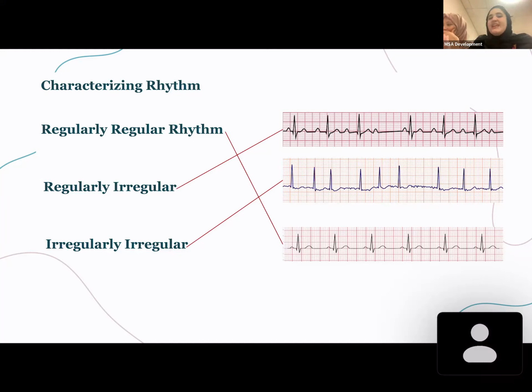The regularly irregular means we have a problem, but it's happening in a regular fashion, like every 2 seconds or every 3 seconds. But the rhythm itself is irregular. Last but not least, the irregular.